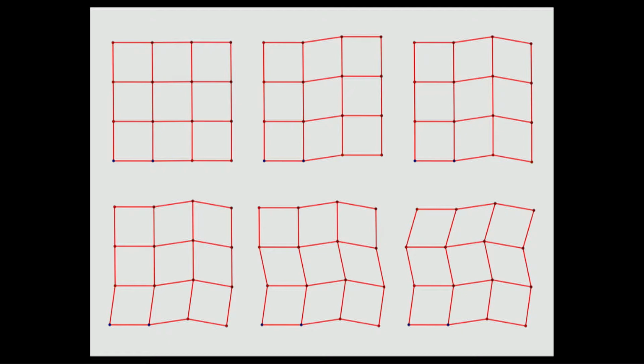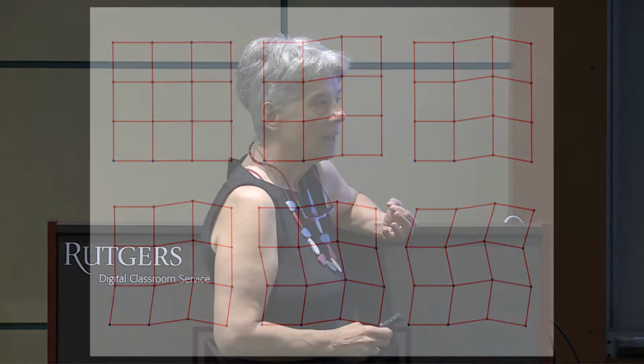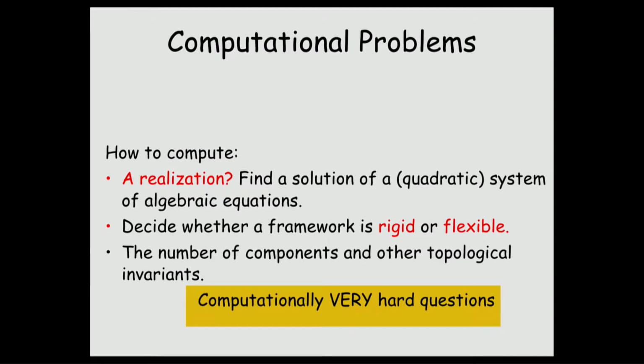But if you choose as unit cell this 3x3 fragment, then there are many internal deformations, whereas the rest can be repeated periodically. Yeah? So the chosen periodicity affects deeply the nature of the configuration space and the rigidity and flexibility properties in particular. Okay, so now quickly, some computational questions.